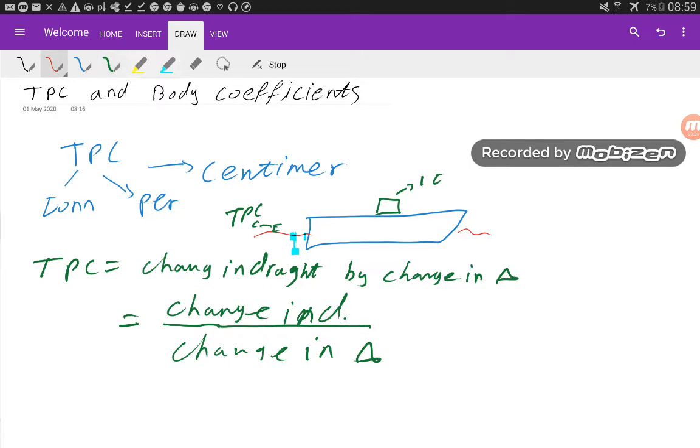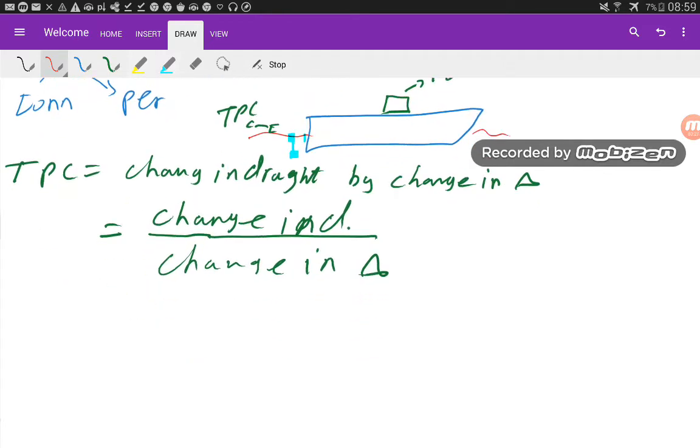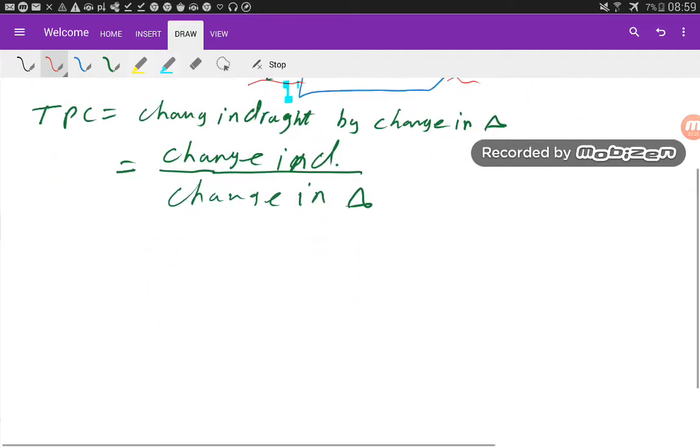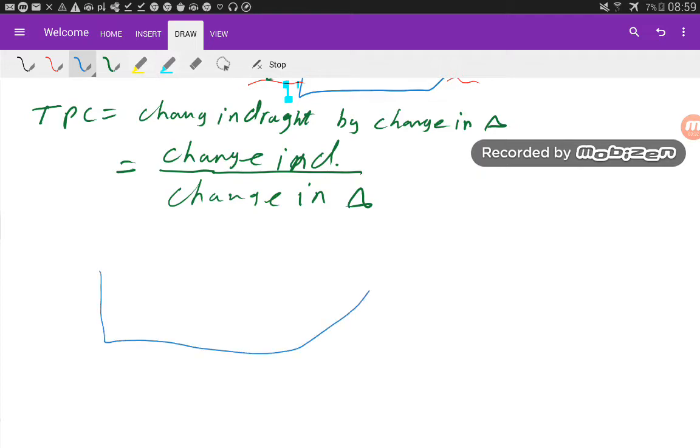Okay, so let's cut the vessel. This is our vessel, I redraw it again, and this is the water line. Let's cut the vessel at the water line. What we will have is a shape like this one.